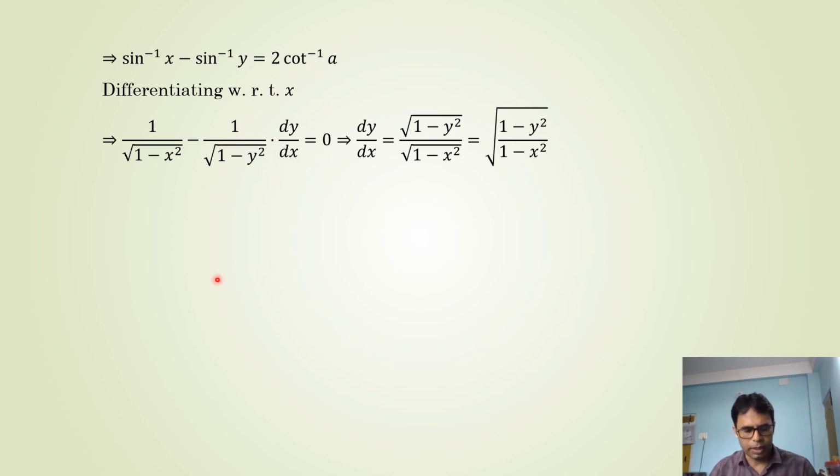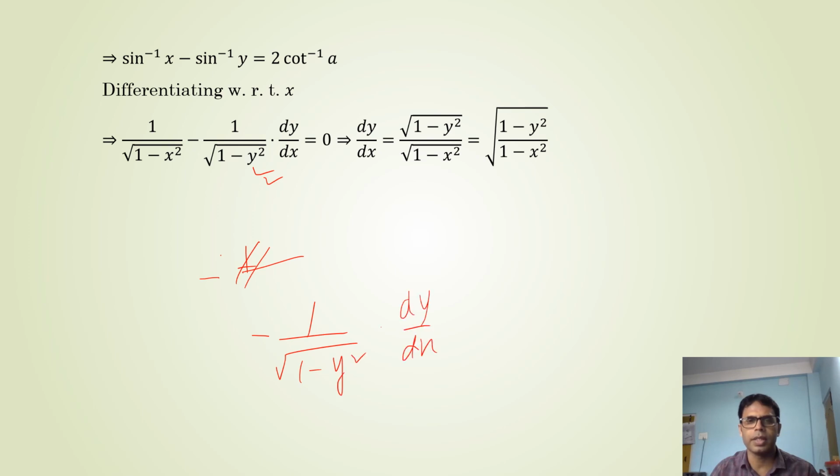After that, I have skipped one line, there is nothing there, you can check. So what will we get for dy dx here? First of all, the left hand side is minus 1 by root over 1 minus y square into dy dx, this is our left hand side. On the right hand side it is minus 1 by root over 1 minus x square.